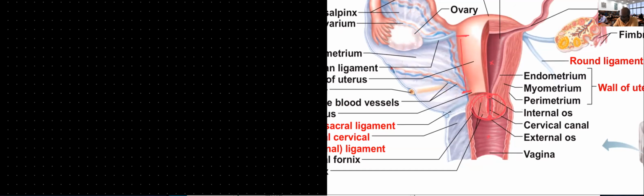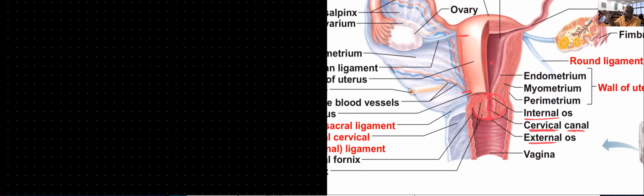The internal opening is the internal os. The external opening that connects the cervix to the vagina is the external os. And the canal that connects the internal os and the external os is the cervical canal.